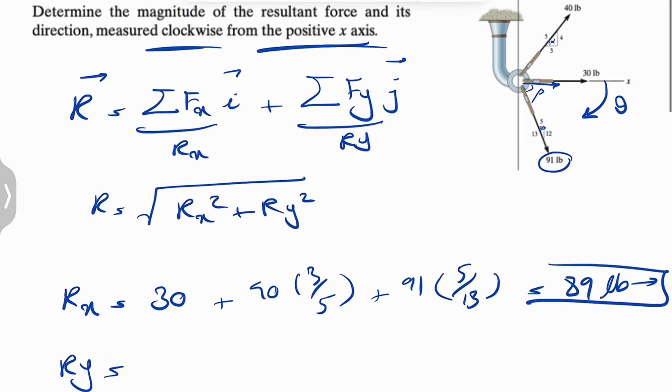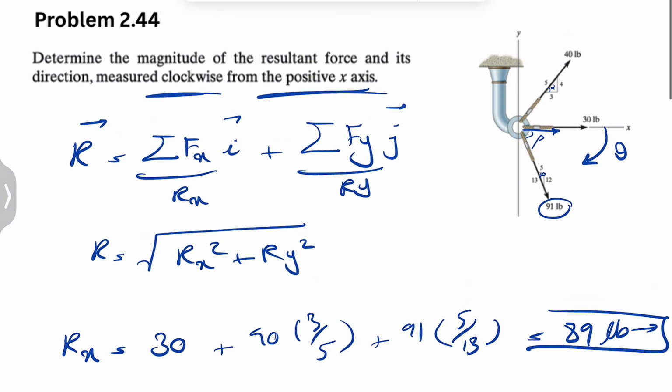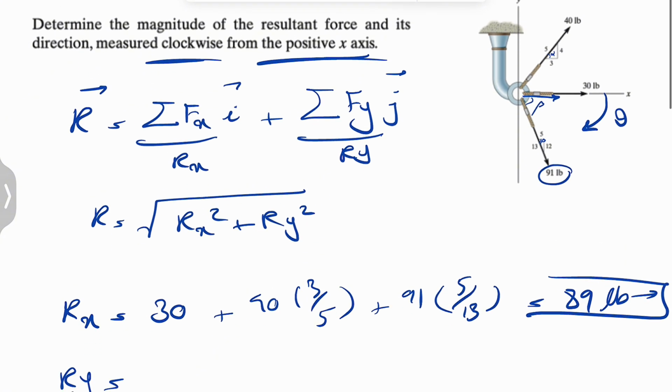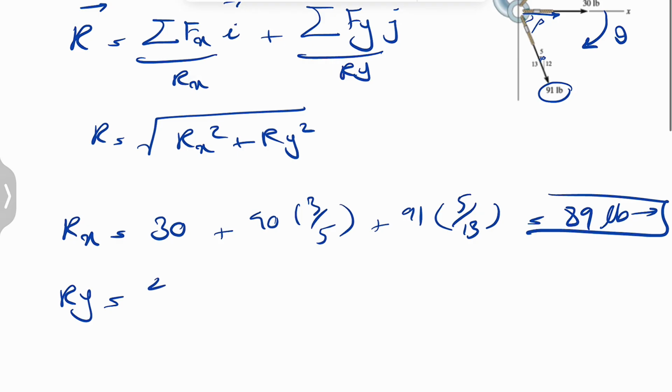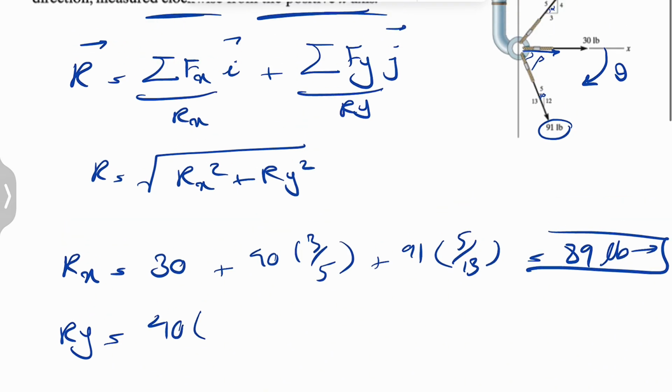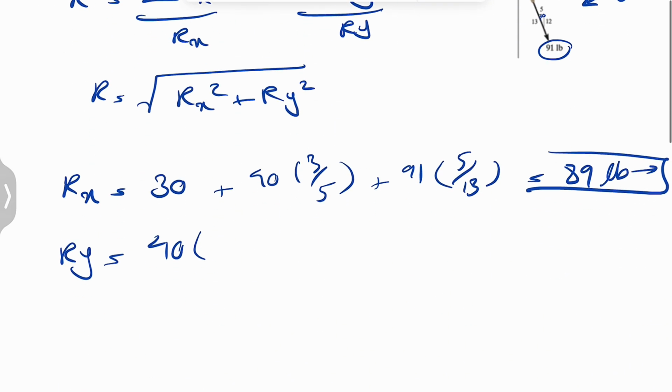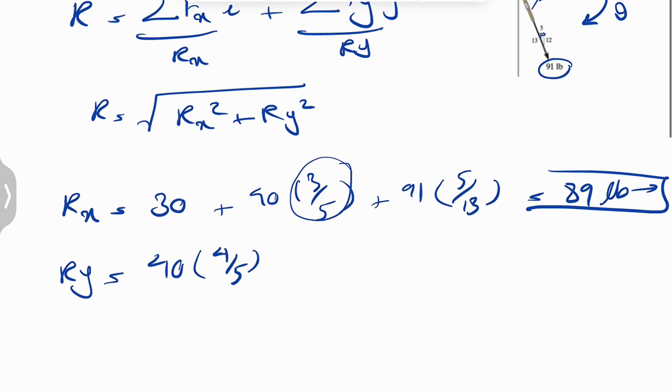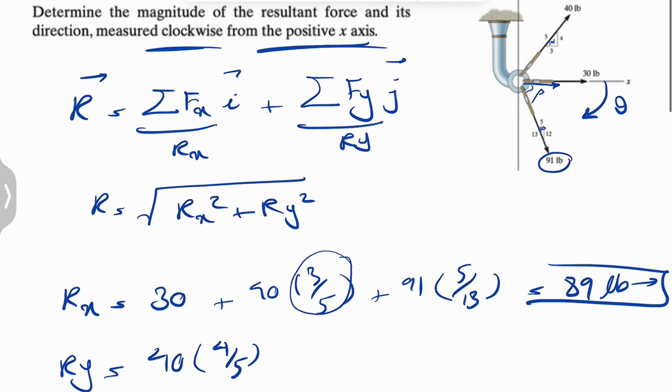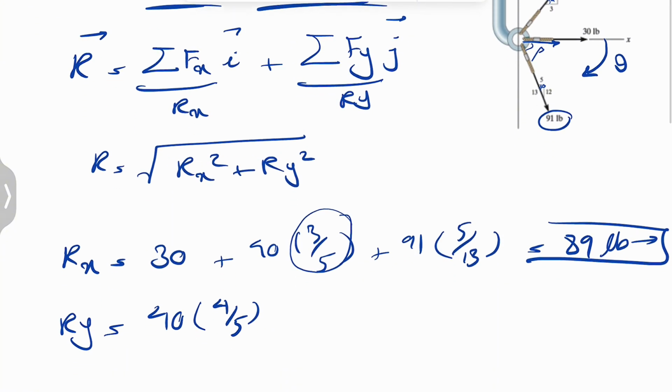So the 30 pounds doesn't have any y component. We have the y component of 40, which is upward, so it's positive 40 this time. We have the sine of alpha, which is 4/5. We can double check with the previous step just to make sure that your calculations are correct. And for the 91 pounds, the y component is downward, so it's negative 91.